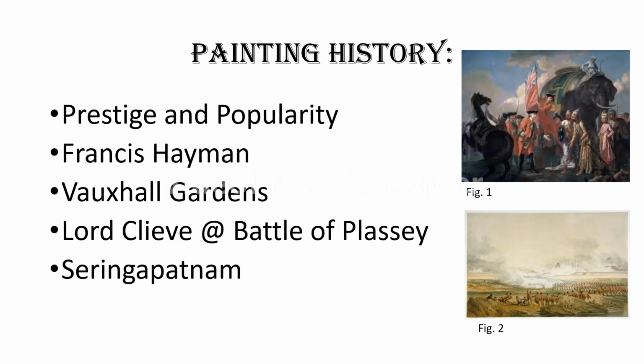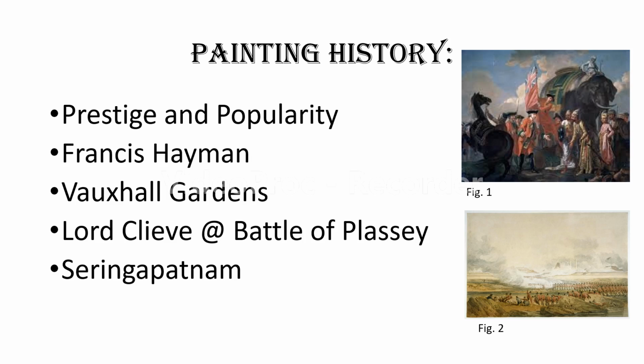Painting history. This method of painting enjoyed prestige and popularity during the late 18th century and early 19th century. One of the famous history paintings was by Francis Hayman in 1762 and placed on public display in Vauxhall Garden in London.